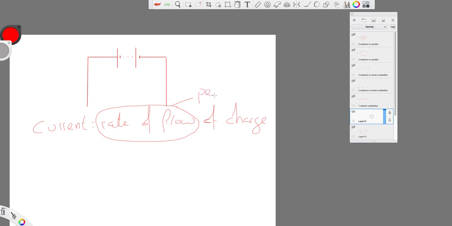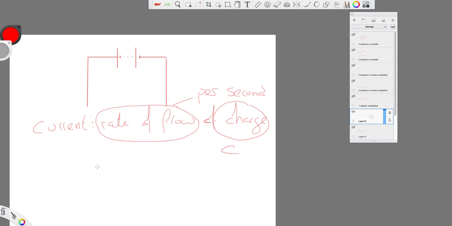So that is per second. You would talk about the rate of loss of water from a bucket in milliliters per second, the rate of flow of water through a pipe in liters per second or meters cubed per second. And charge, of course, again, is in coulombs.